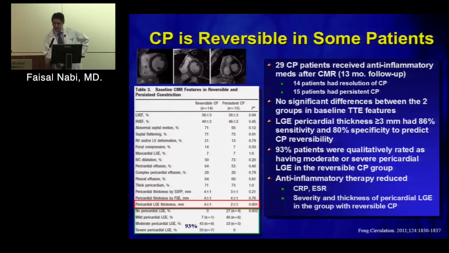That means if you had patients who had LGE and they were treated with anti-inflammatories, in this trial, 93% of them had reversible physiology.